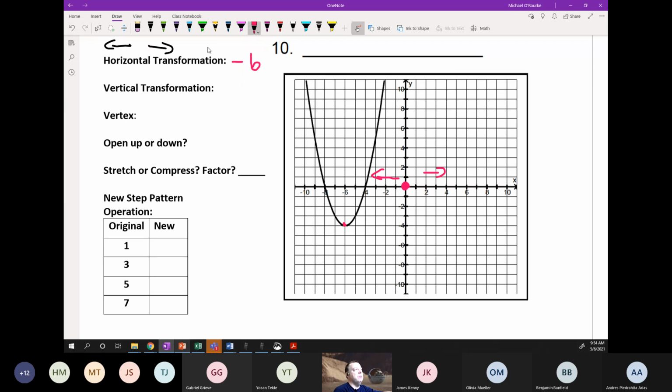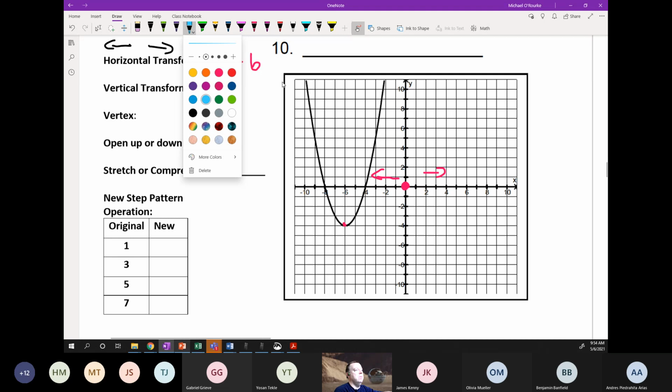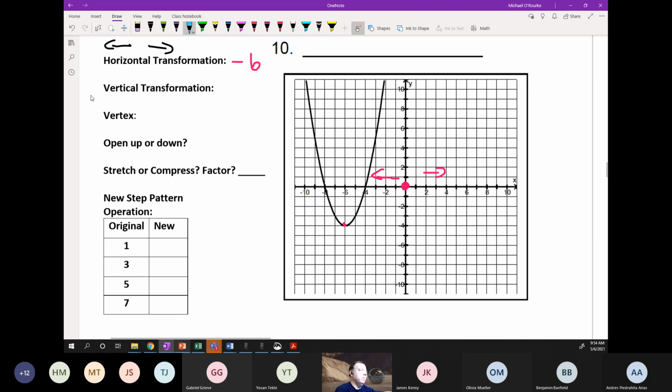What's my vertical transformation? Let me erase this here. My horizontal transformation was this. My vertical is looking from this spot here. Did it go up or down? It doesn't matter about anything else, just the vertex, because the transformation just moves your vertex around.